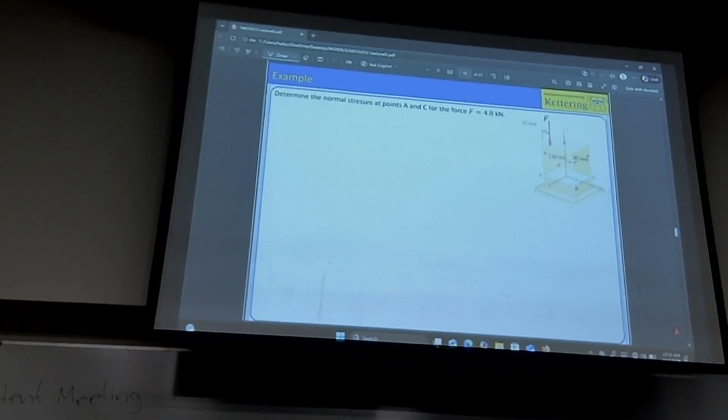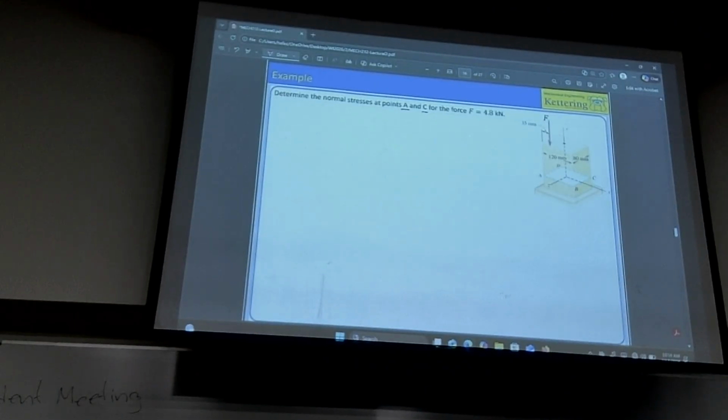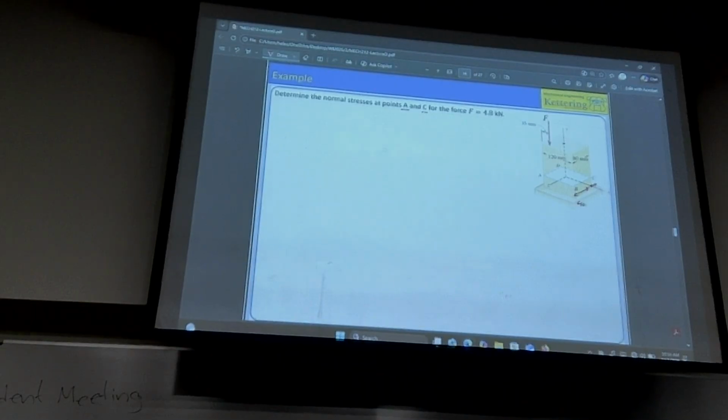All right, so the first instruction was pick the coordinate system at the centroid of interest and look at A and C. This is from the textbook, and the coordinate system is already put for us at that point. The figure is not great, but these lengths are basically in the middle. So really this is 40 millimeters, so is this one.